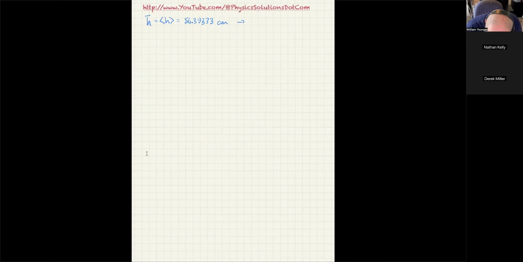When I did that calculation, I got the standard deviation of h is equal to 0.121 centimeters. Remember, the standard deviation will have the same units as the quantity you're calculating it for.